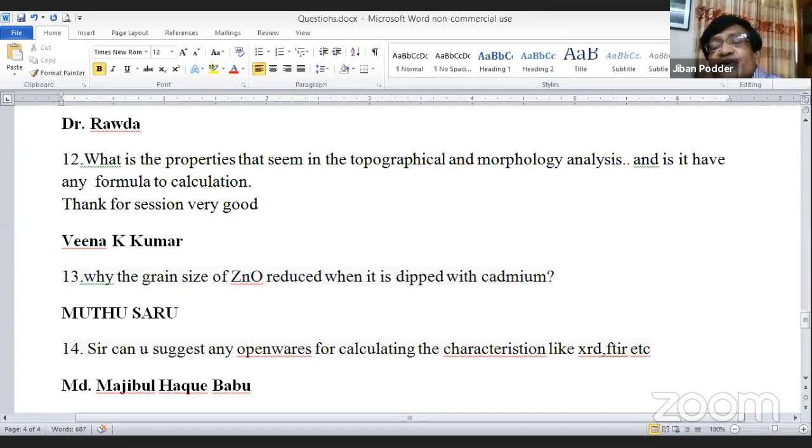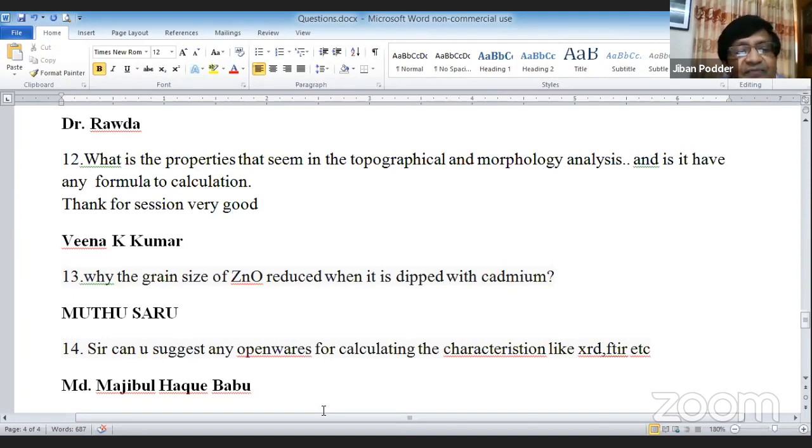That will change your optical, electrical, structural, thermal, and magnetic properties as well. Depending on that we can select the material, and unless we detect and use it as a sensor, we cannot say this material is particularly for these purposes.